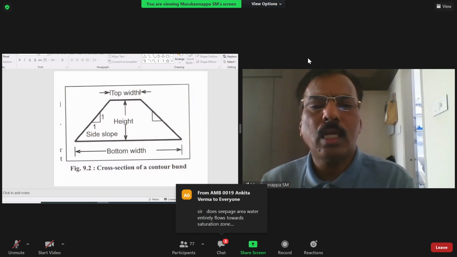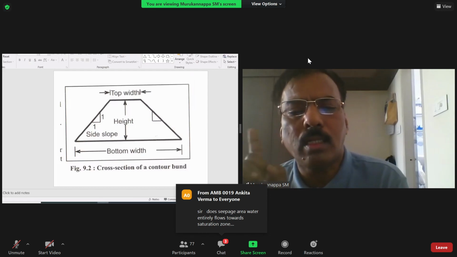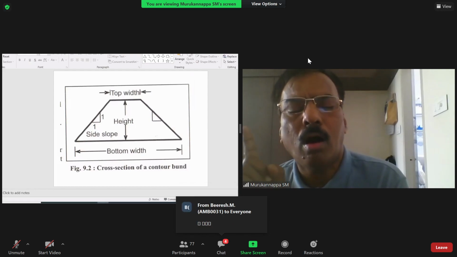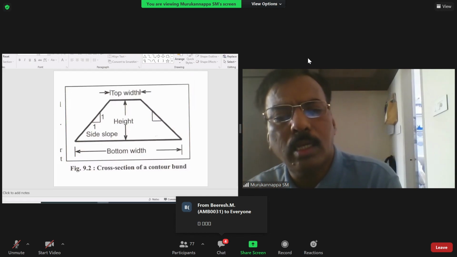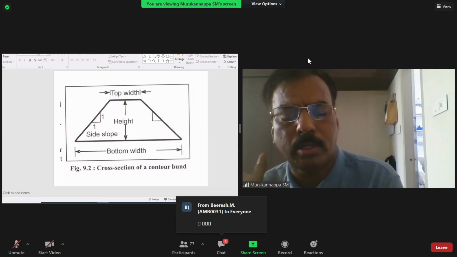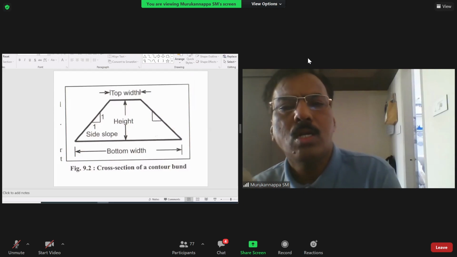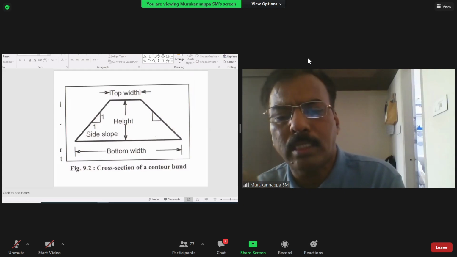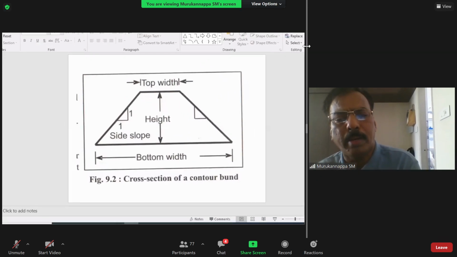Whatever bund you have constructed, the size is nothing but the cross section. Remember, all of you. The size of a contour bund is nothing but the cross section of the bund. The cross section of the bund comprises base width, top width, height, and the slope of the bund.